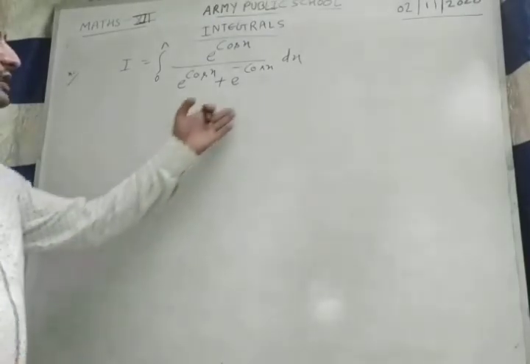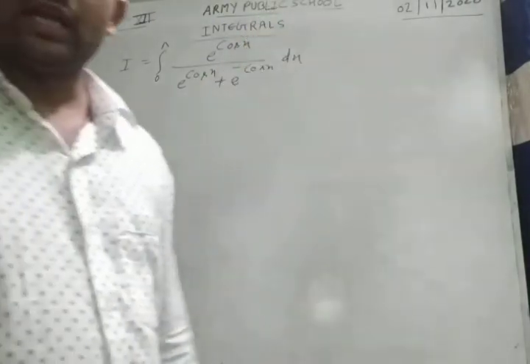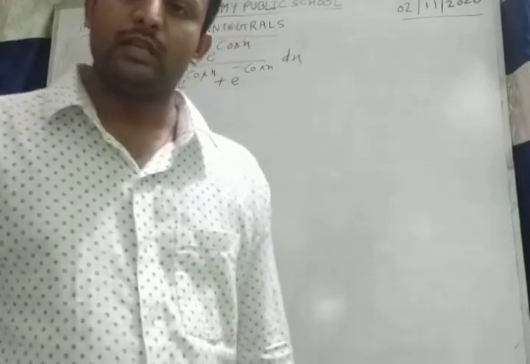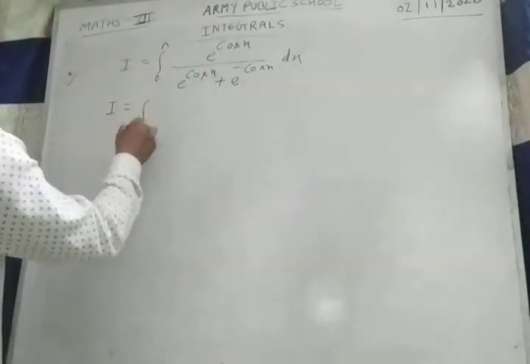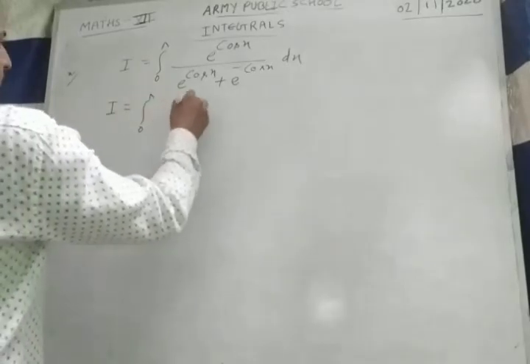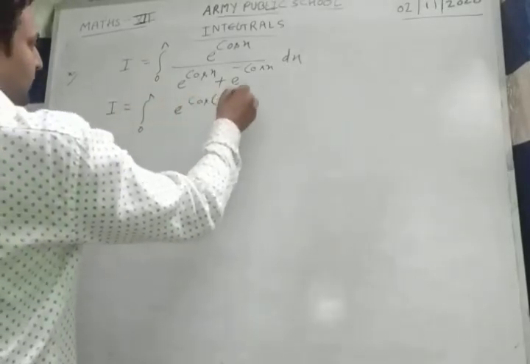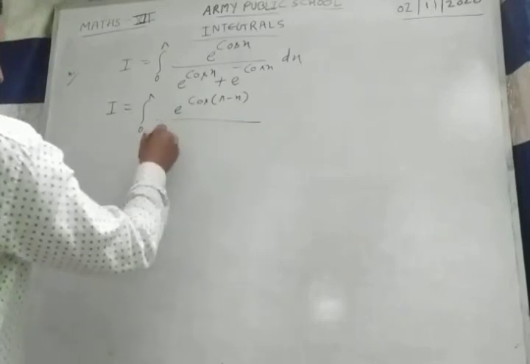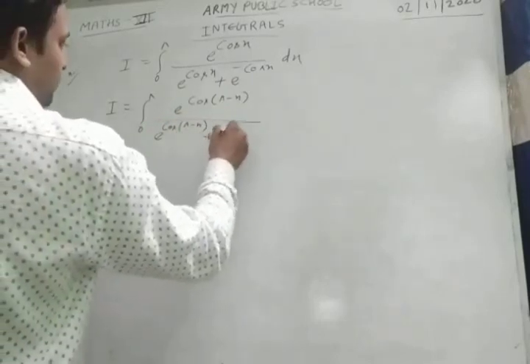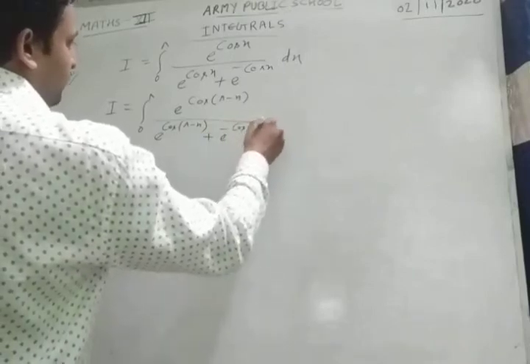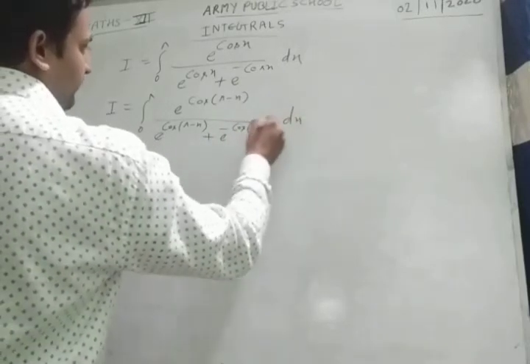So we apply here the property 0 to a f(x) dx is equal to 0 to a f(a minus x) dx. So we write I is equal to 0 to pi e to the power cos(pi minus x) divided by e to the power cos(pi minus x) plus e to the power minus cos(pi minus x) dx.